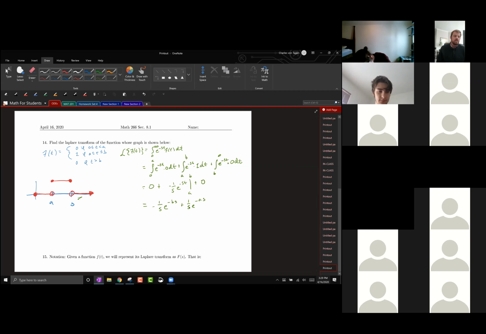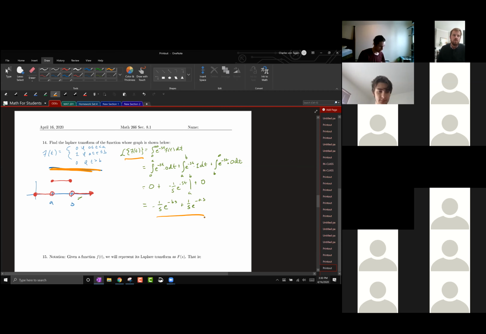I think this is decently interesting. This is what I was trying to say early on. We're going to be doing these Laplace transforms, and we'll solve some ODEs that we've already been able to solve before. But I think it's pretty interesting that this function in t space is discontinuous, but its Laplace transform is about as nice a function as we could hope for.